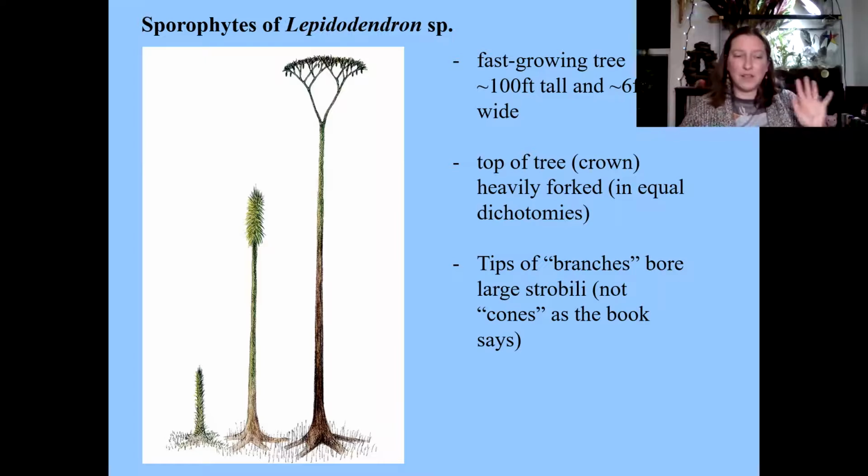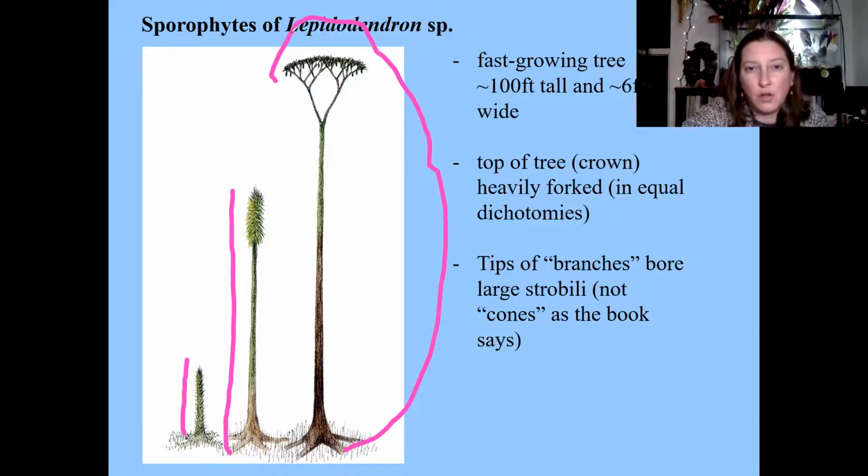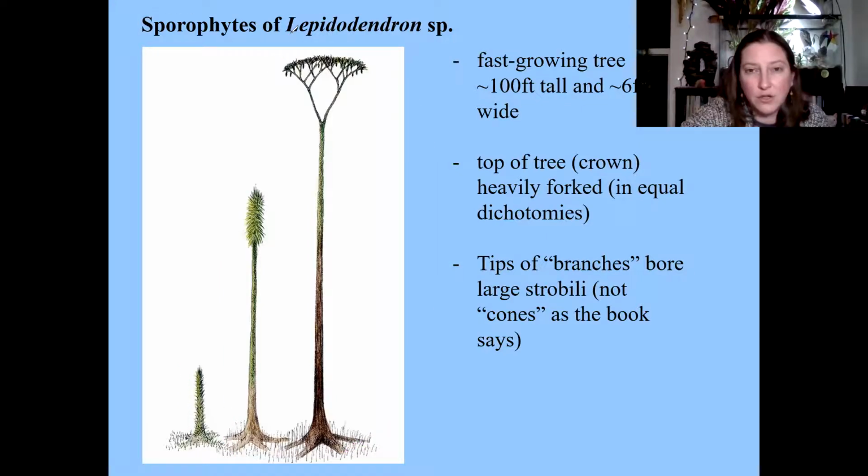It's almost like thinking of a moss being that big. I know it's not the same thing because a moss is non-vascular, but it's how mind-boggling it is for me to think about. What this is showing you, just so you know, this is a baby tree. This is like a teenager tree. And then this is your mature 100-foot tall, 6-foot wide tree.